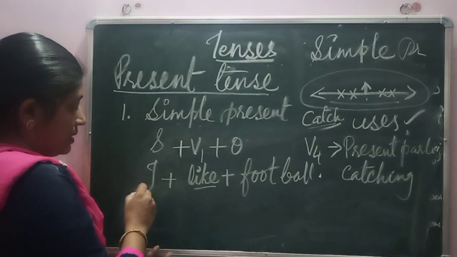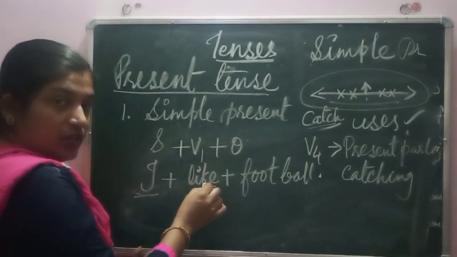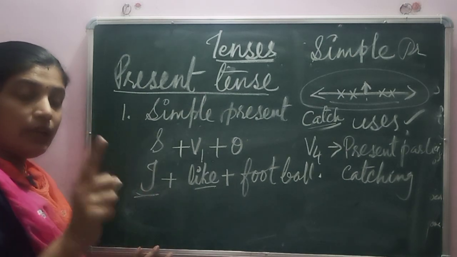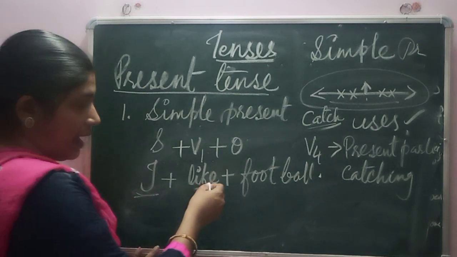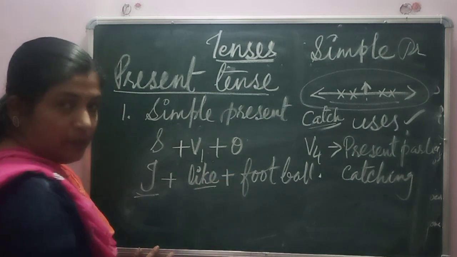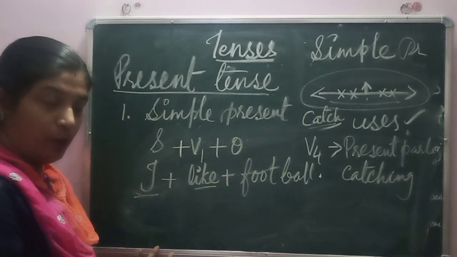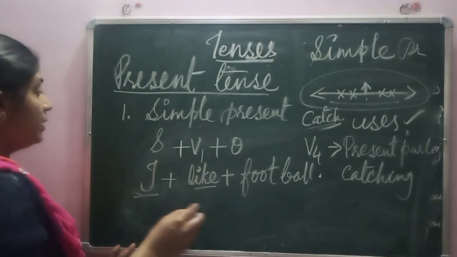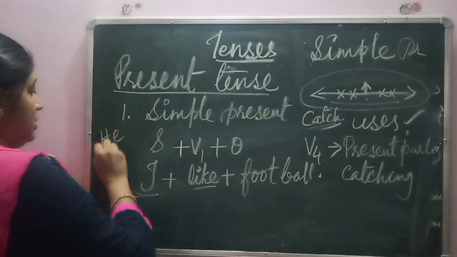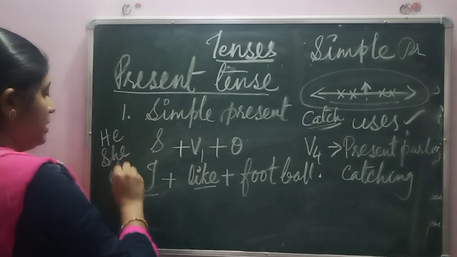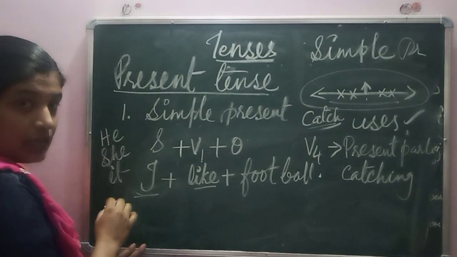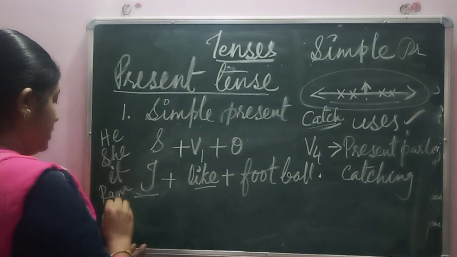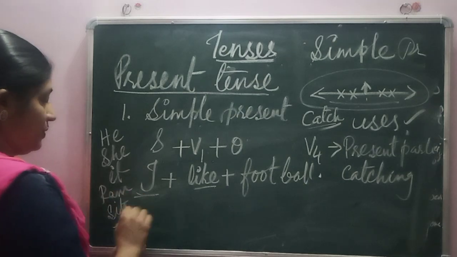Now listen. If this is the plural subject, that's why we have used like. And for a third person singular subject, we will add an s to the verb in the simple present tense form. So what are the third person singular? He, she, it, then any names, any singular subject, Ram, Sita, etc. Clear?